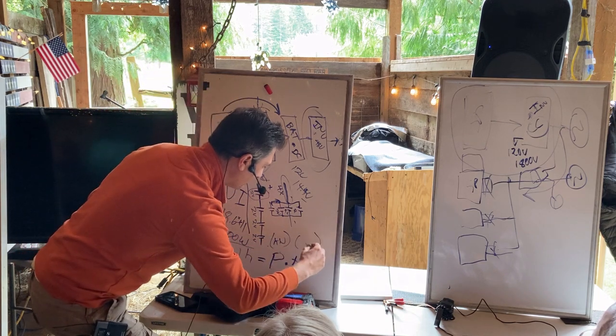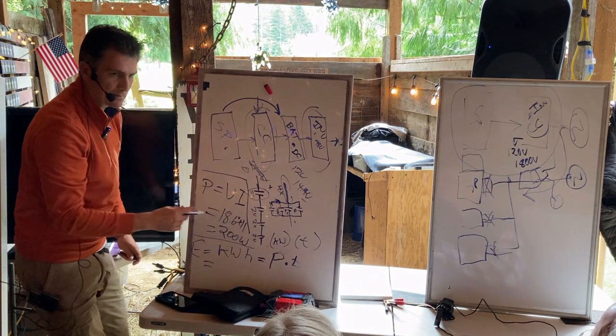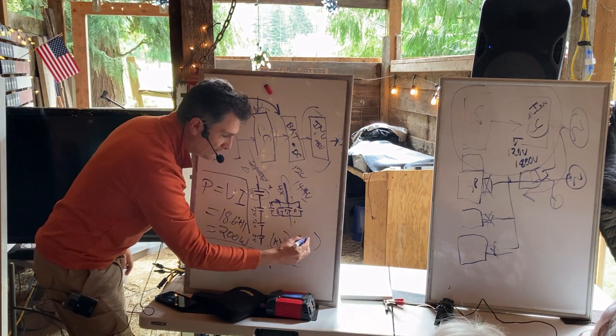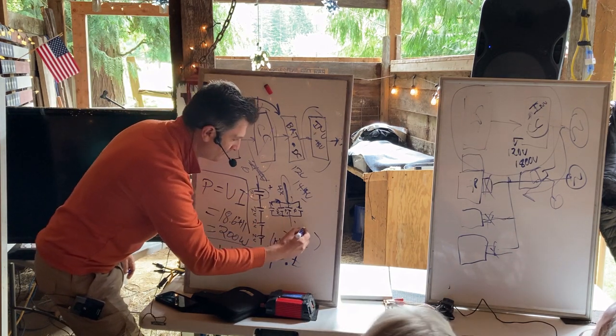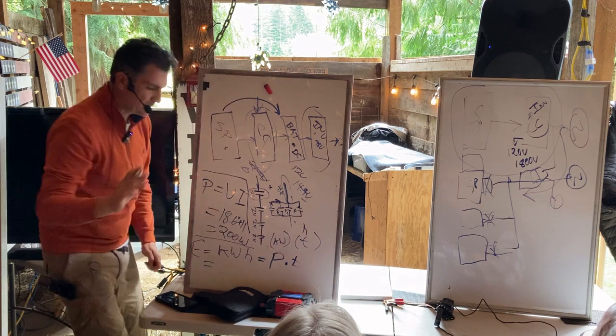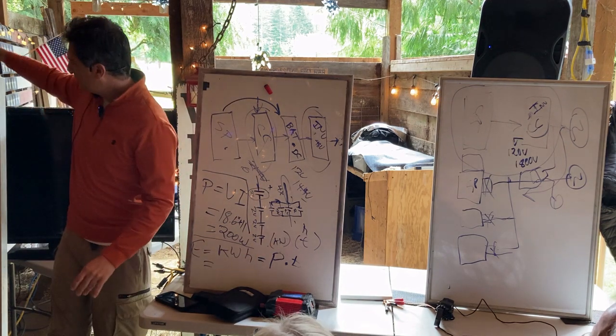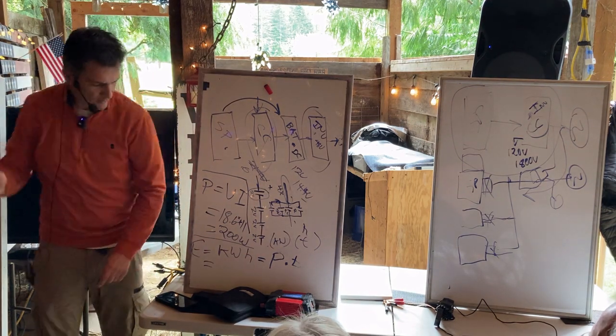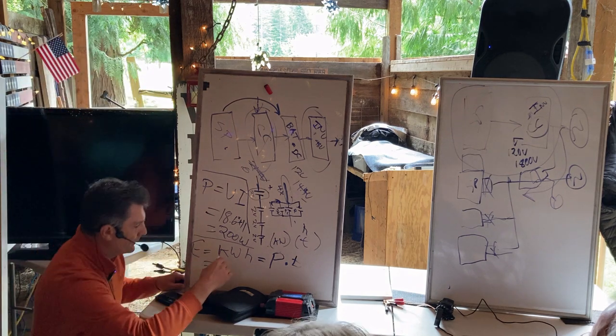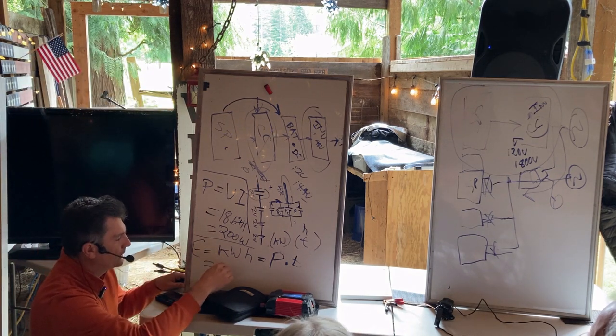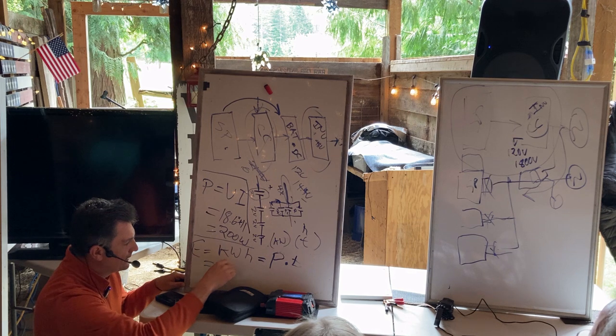And then time. But time isn't in seconds like it is for joules. It's in hours. So we're going to take a simple solar panel here. This is 0.2 kilowatts, thank you.